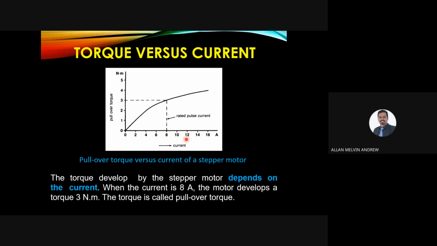Let's say we want more torque, so let's say 5, maybe it's not here, but maybe 4. You need to produce 16 amperes of current. So this torque is called pull-over torque. Okay, so when you produce some input, it will produce a greater output. So that is the pull-over torque.